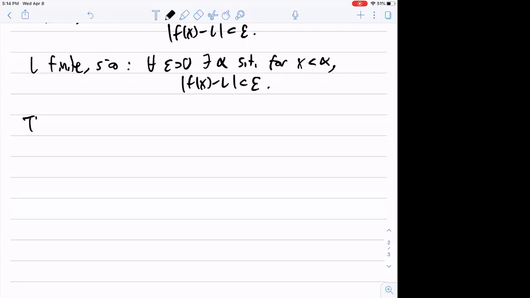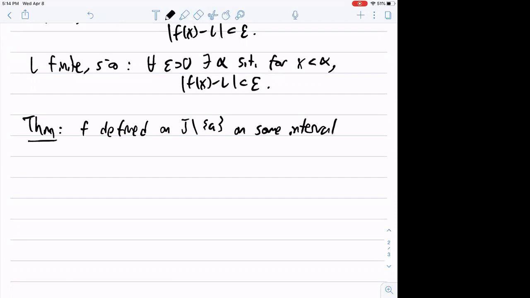Before I continue, let me go over the theorem of this section. Honestly, if you're going to remember something, remember this. Let f be defined on J without A, on some interval J containing A. To check whether the limit as x goes to A of f of x exists, this is pretty important: the limit should not depend on the actual point.